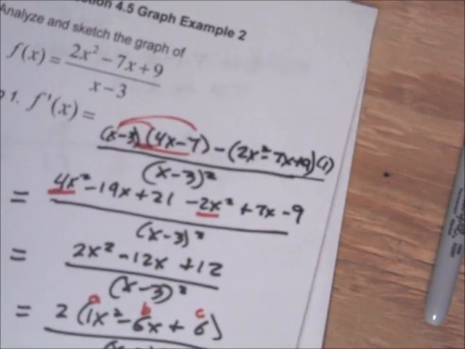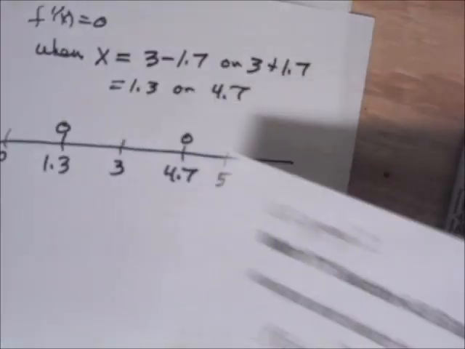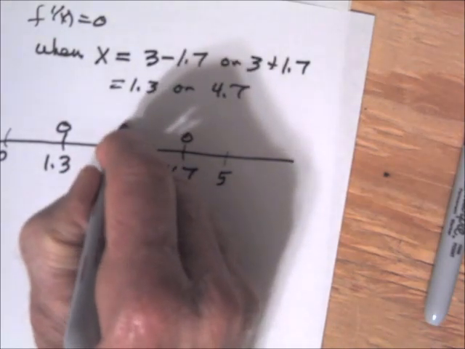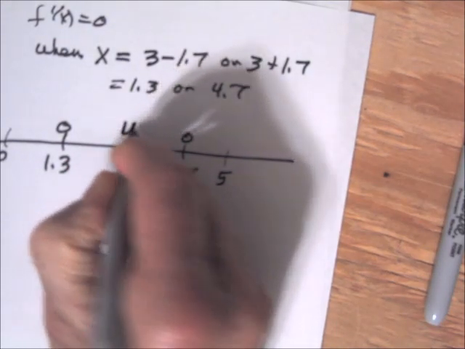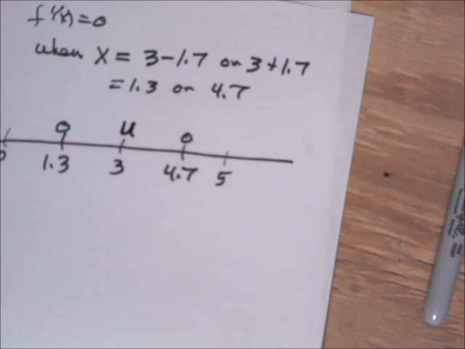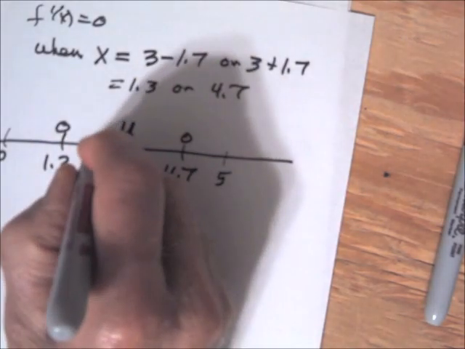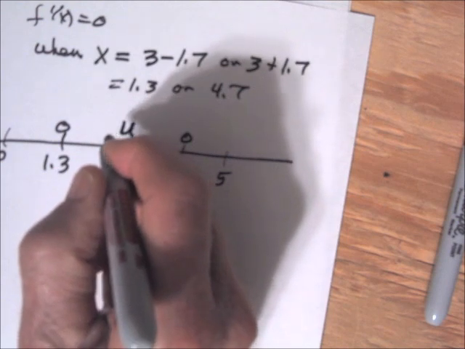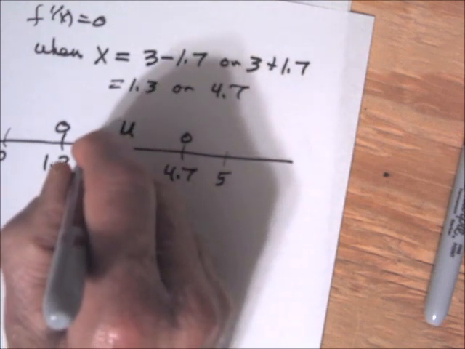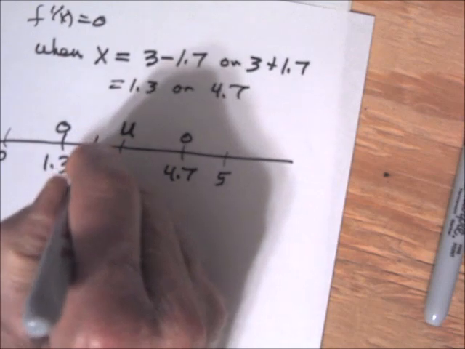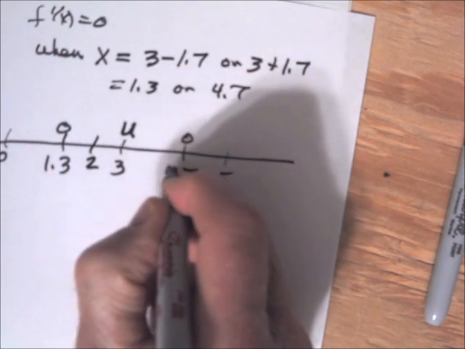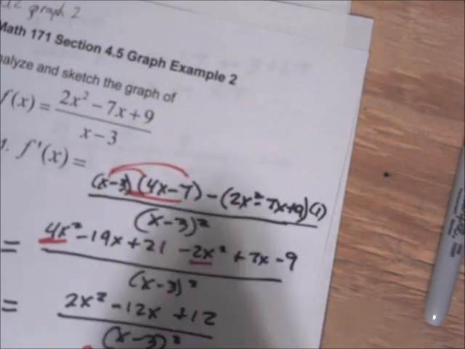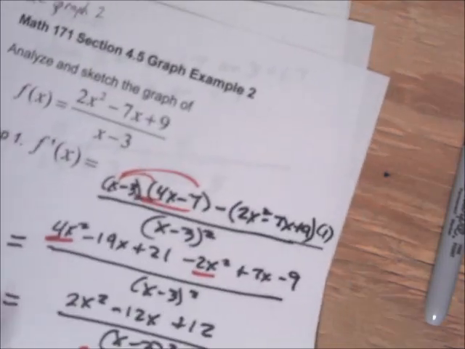We put in 0 here and we also, actually, the function itself is undefined at 3, so let's take a number between 1.3 and 3, let's say 2, and a number between 3 and 4.7, let's say 4, because the function itself is undefined when the denominator is 0.